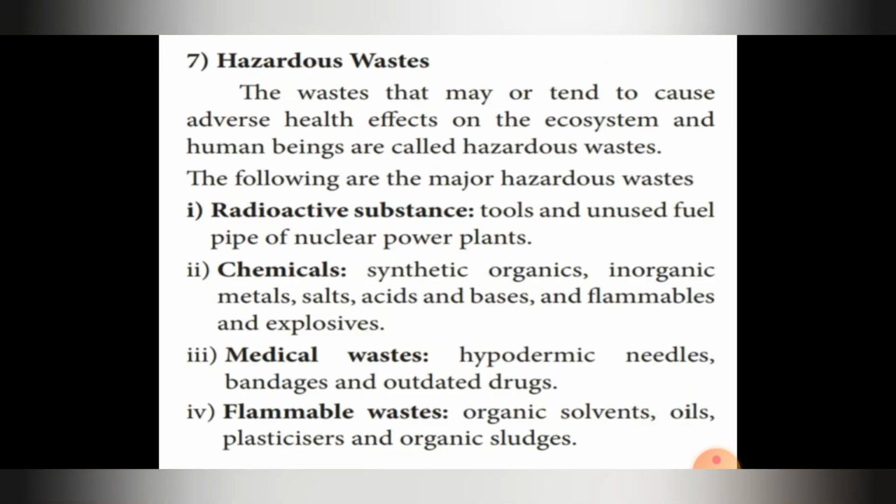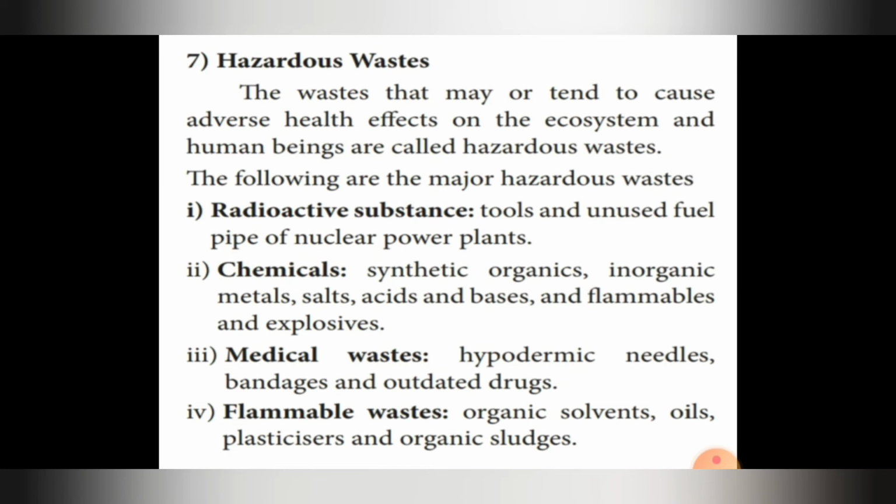First one is radioactive substance: tools and unused fuel pipes of nuclear power plants go as hazardous waste. Second is chemical: synthetic organics, inorganic metals, salts, acids and bases, and flammables and explosives. Third one is medical waste: hypodermic needles, bandages, and outdated drugs.